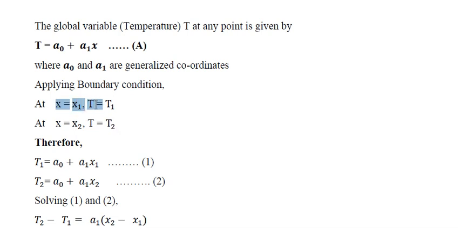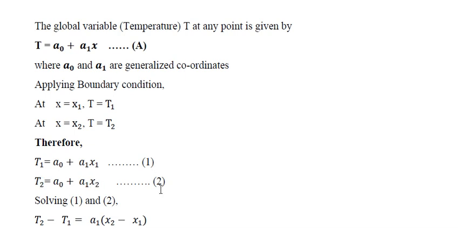Now we will consider this first boundary condition and substitute it in this equation. So T becomes T1, x becomes x1. The second boundary condition we will substitute in this first assumed expression, so T becomes T2 and x becomes x2.